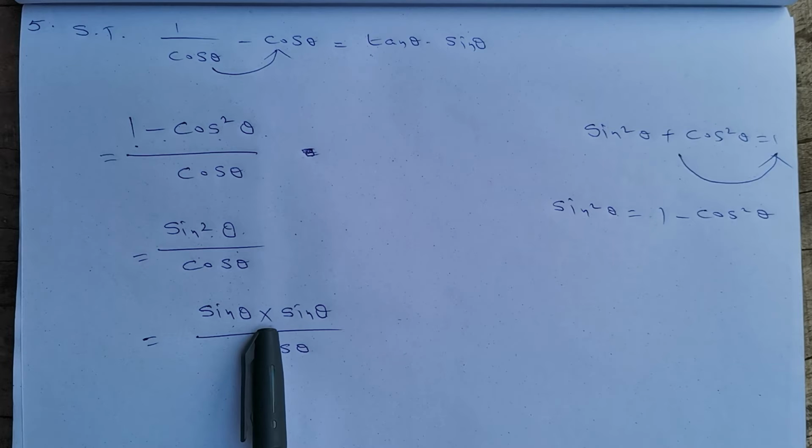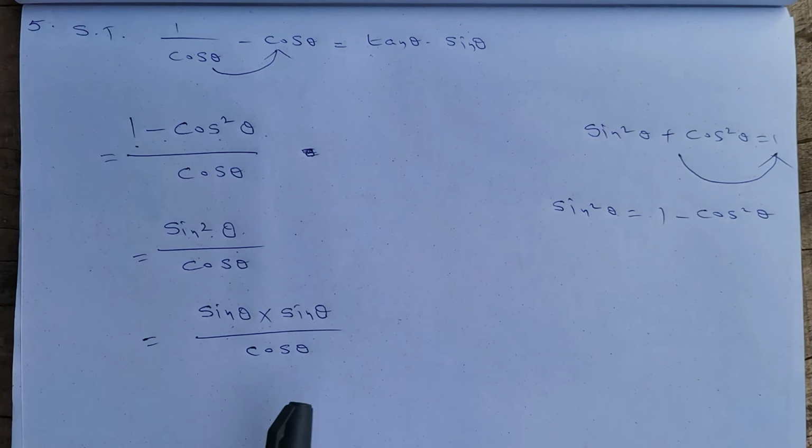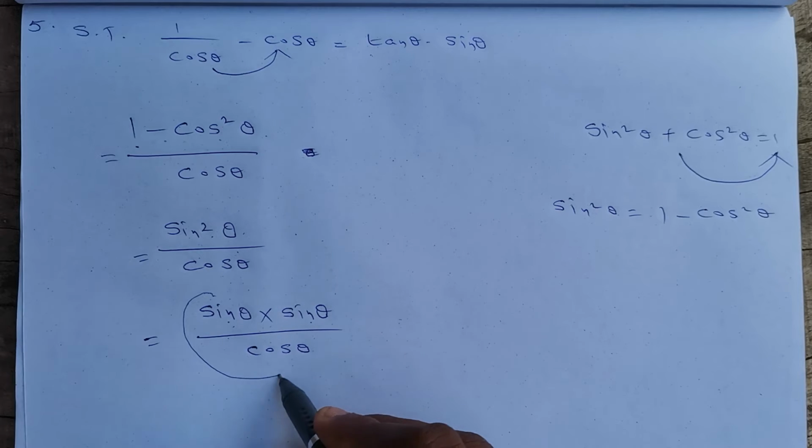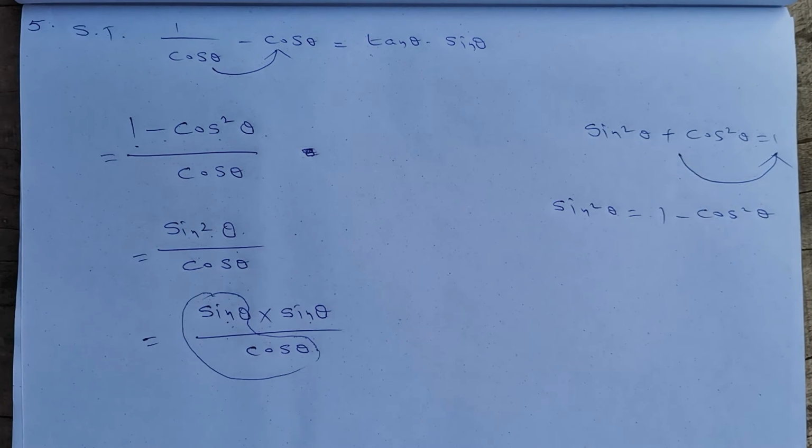Here in the numerator we have multiplication. So this denominator is applicable to any one only, not for both. That's why I am taking that cos for the first term. If we have plus or minus, the denominator belongs to both, but here we have multiplication, so the denominator belongs to any one only.